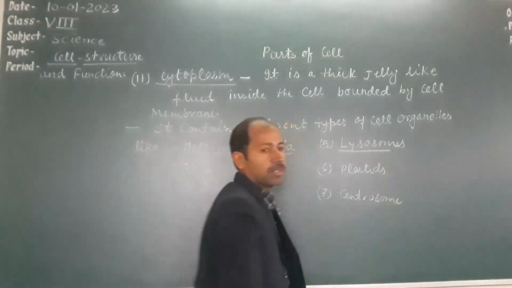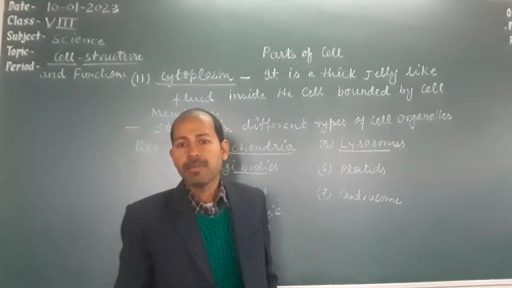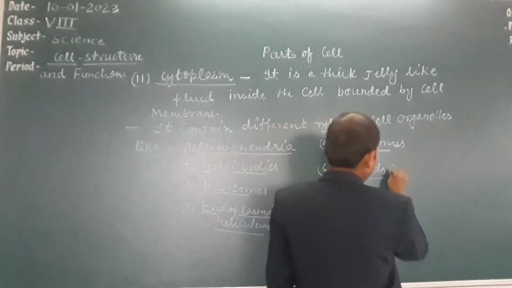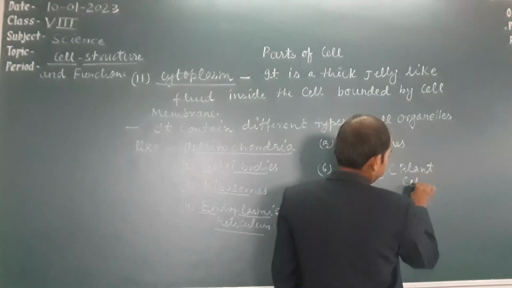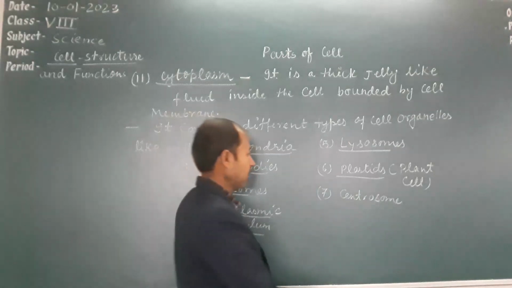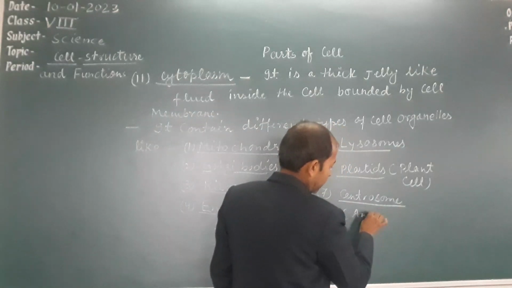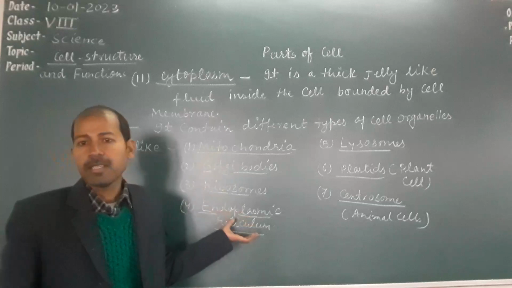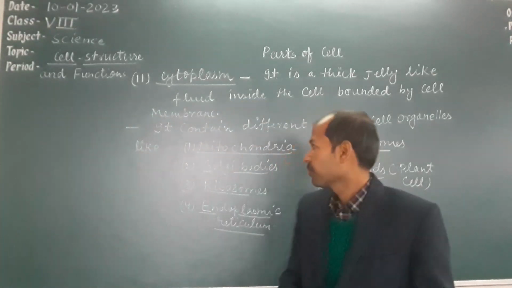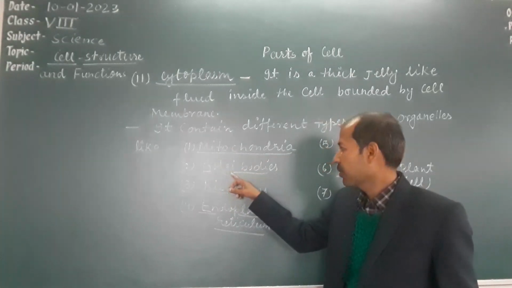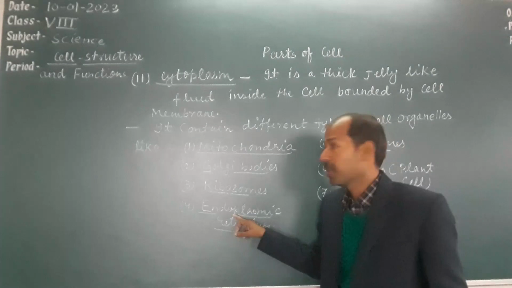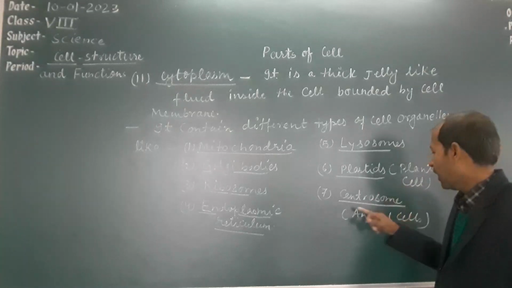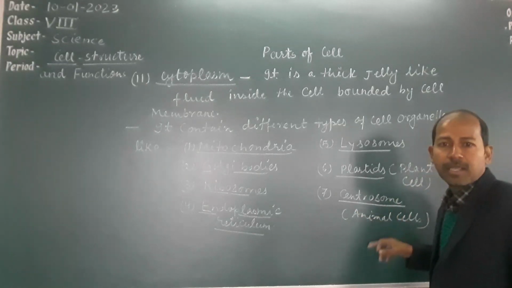Fifth is lysosome, which is also called the suicidal bag of the cell because it contains hydrolytic enzymes. Plastids are only found in the plant cell, and centrosome is only found in animal cells.